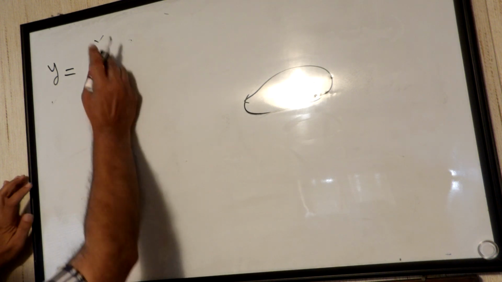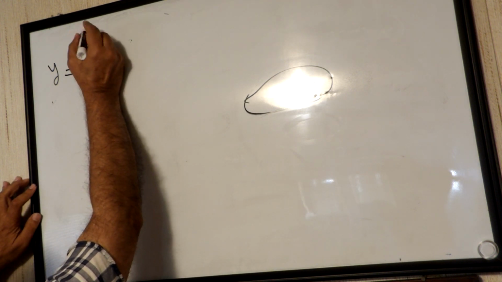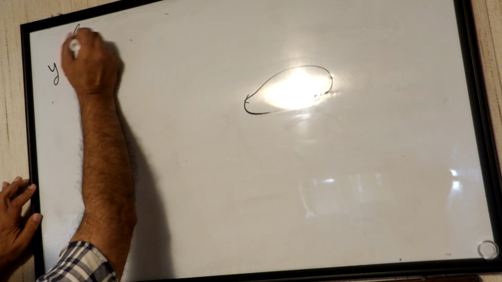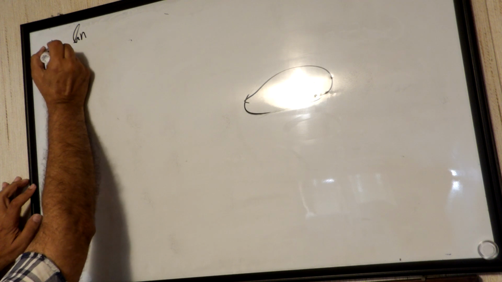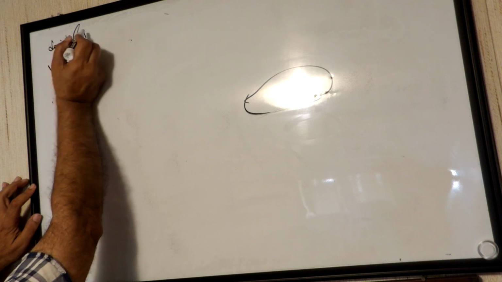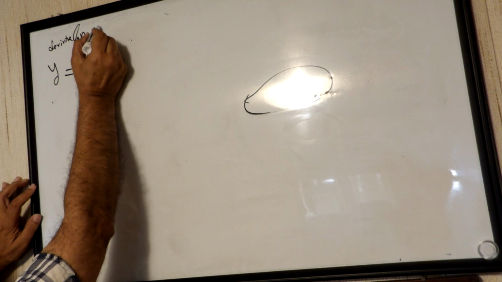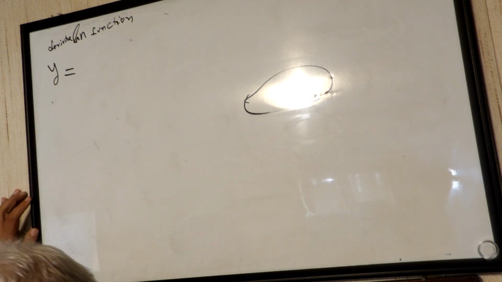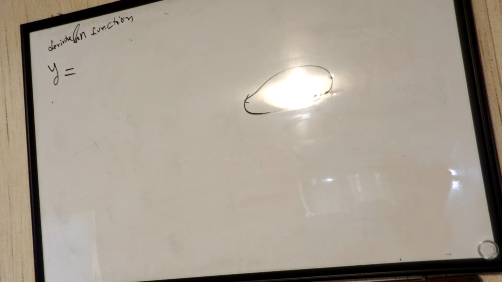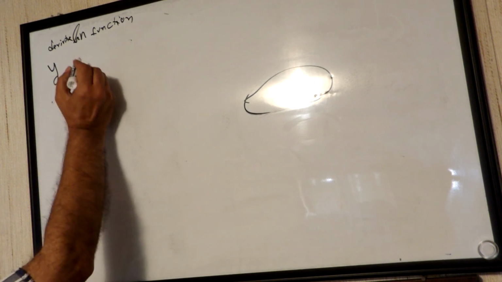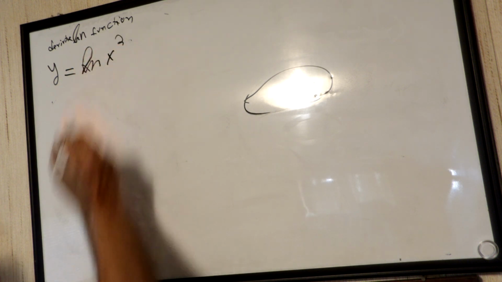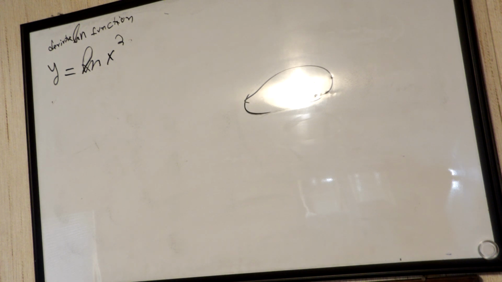If we have y is equal to, supposedly, ln x squared. See, what we do here is the general rules.